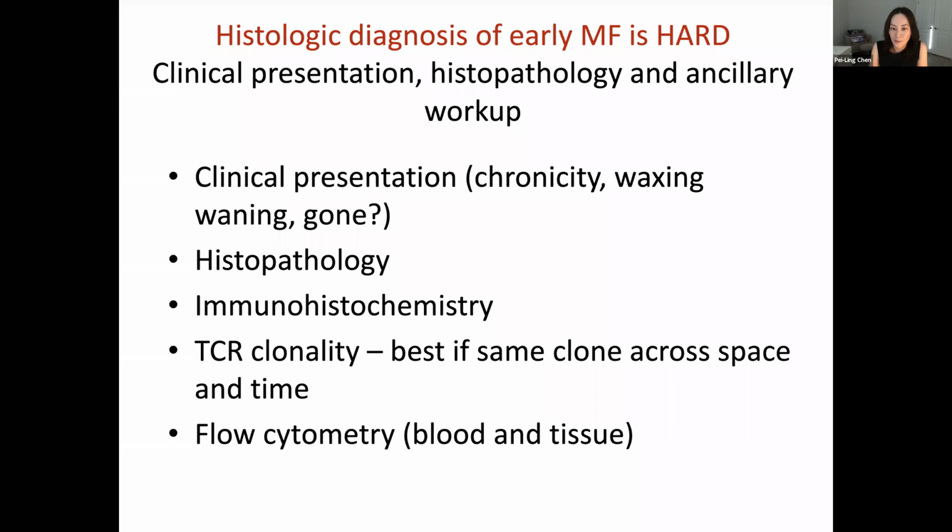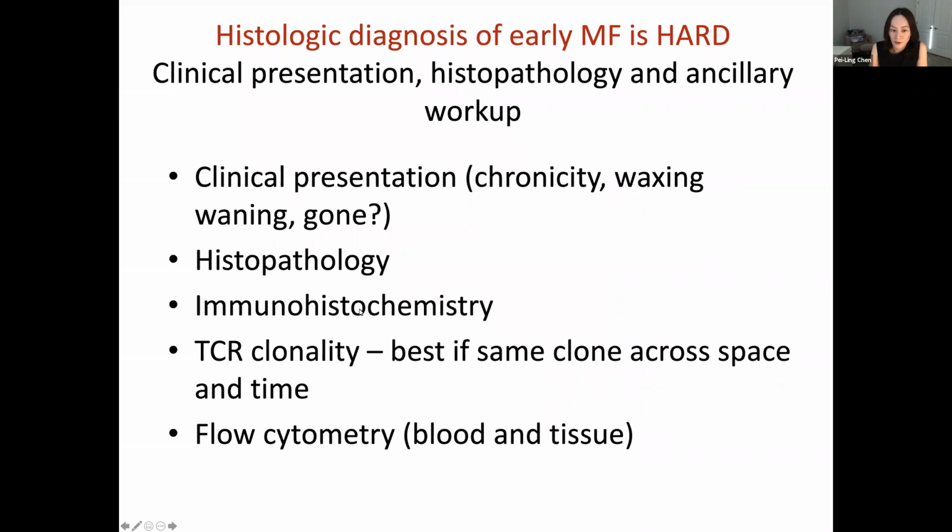All the features I mentioned in the previous slides, perivascular lymphocytic infiltrate, epidermal tropism, papillary dermal fibrosis, cytologic atypia, lymphocyte tagging at the dermal-epidermal junction, all these together give me a picture of what is histopathologically fit to call it MF.